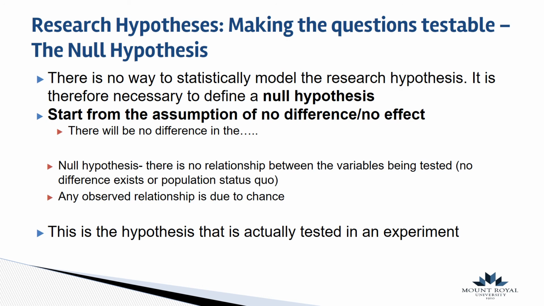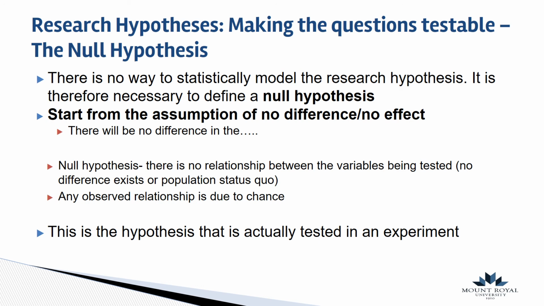Null being no. And so we would say there will be no difference in maternal stress between mothers who do kangaroo mother care and those who don't. So we're stating there's no difference. The null hypothesis states there's no relationship between the variables being tested.